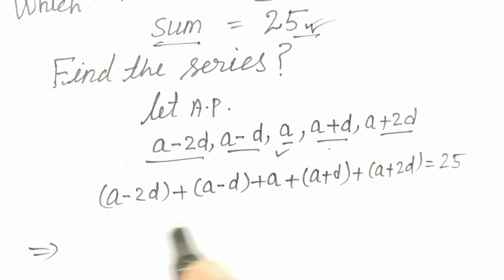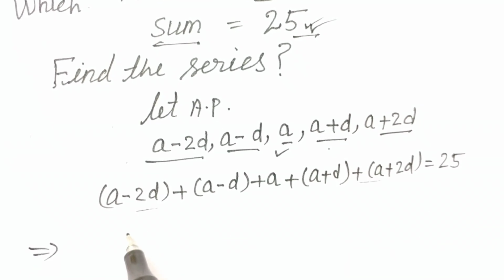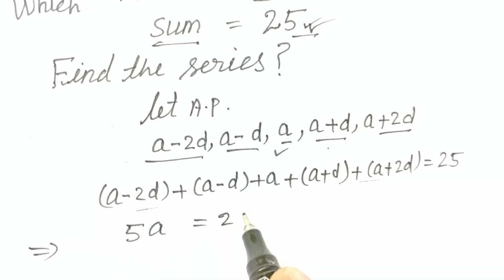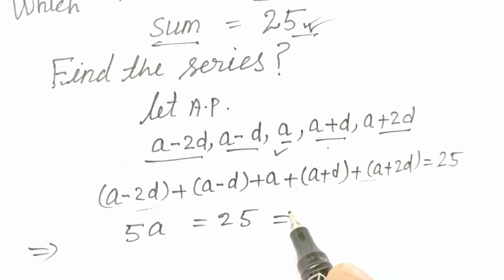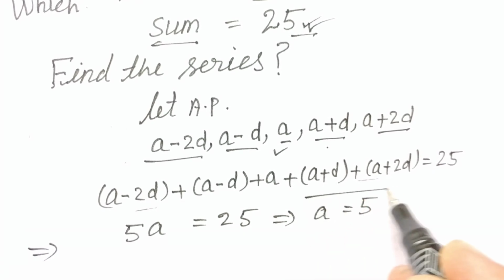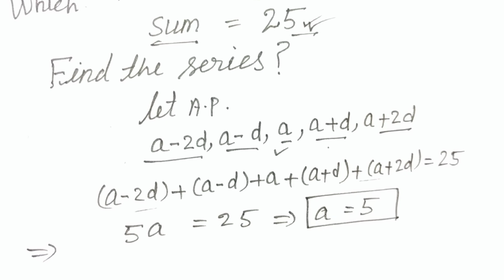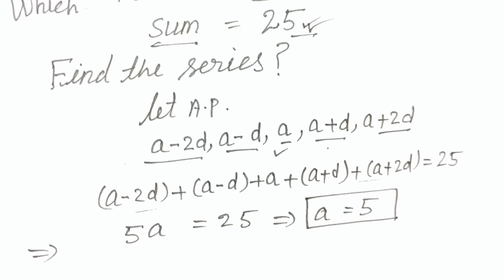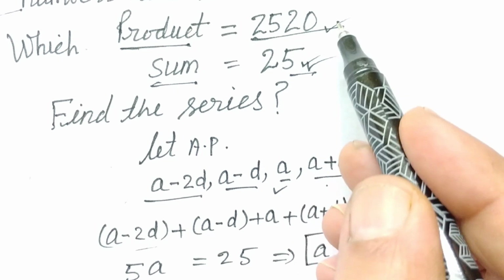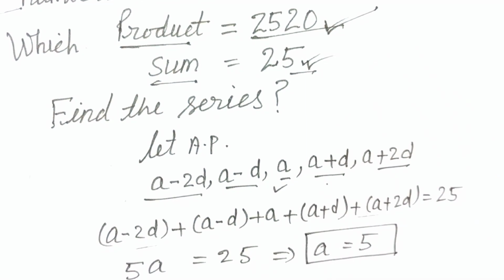So if we simplify this, we get 5A is equal to 25. So A is equal to 5, right? Now we will apply the second condition. Product is this, okay?